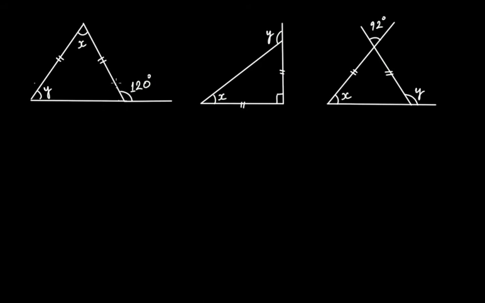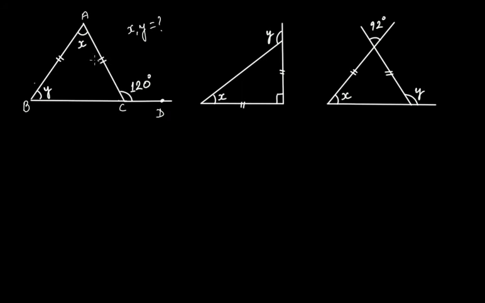In this case, you have to find the value of x and y both in all these three cases. Let's term the vertices A, B, and C. Let's say this is point D. Now, this side is equal to this side because this double mark has been given to us.